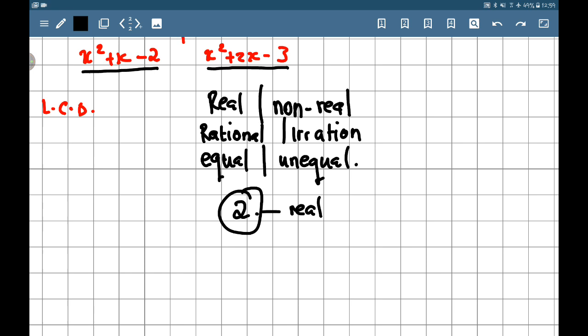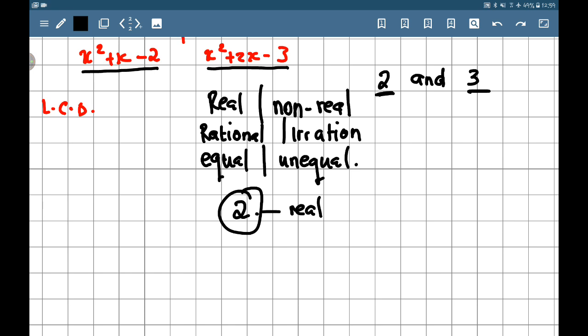Okay, it's fine. Let's say we have 2 and 3. Are 2 and 3 real numbers? Yes. Are they equal? No. Are they rational or irrational?